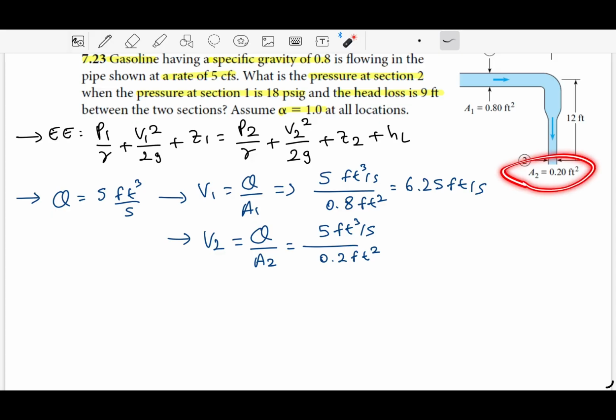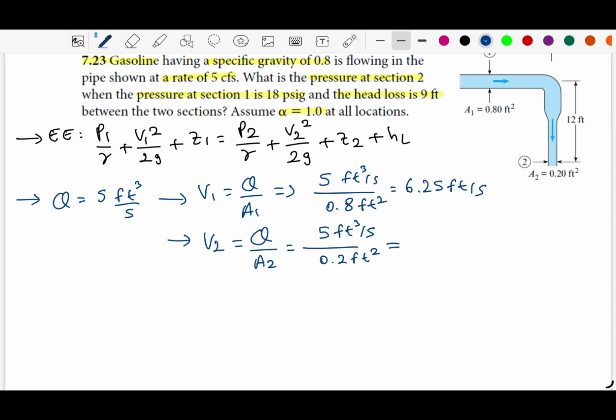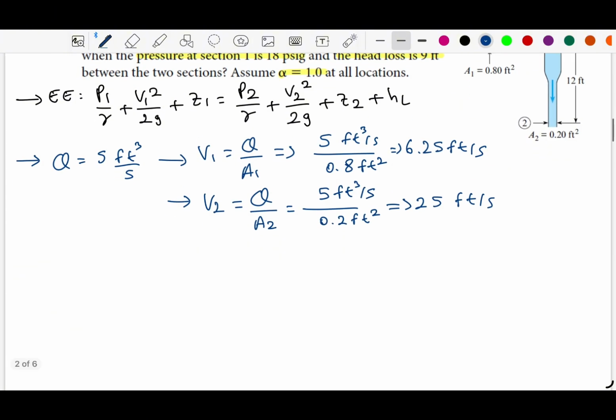And 0.2 is coming from the area, so that we have 25 feet per second. Since we actually need V1 square over 2g and V2 square over 2g, we can calculate them.